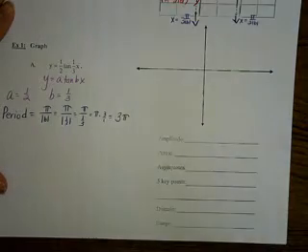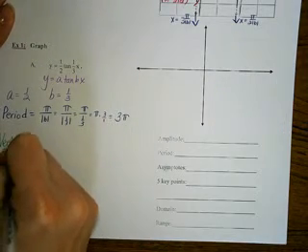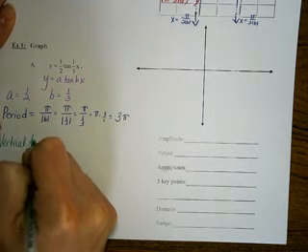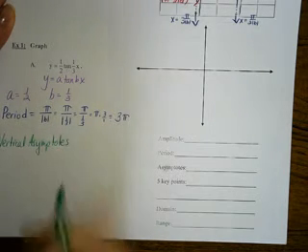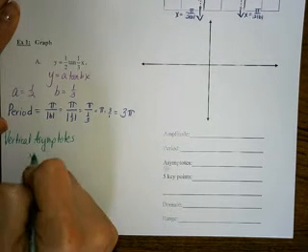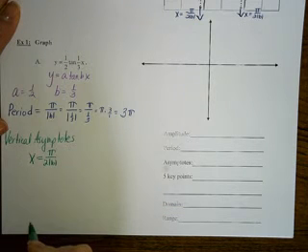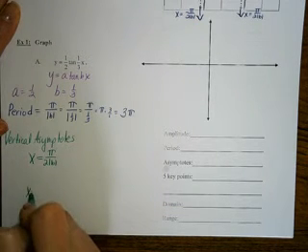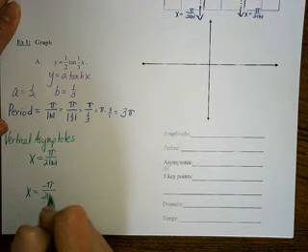Now, with tangent, what I'm really most concerned about is knowing what? Where are the asymptotes? Absolutely. We need to know where those vertical asymptotes are. Okay, now, one of the vertical asymptotes is going to be at x is equal to pi over 2 absolute value b, and the other vertical asymptote for my first cycle is going to be at negative pi over 2 absolute value of b.